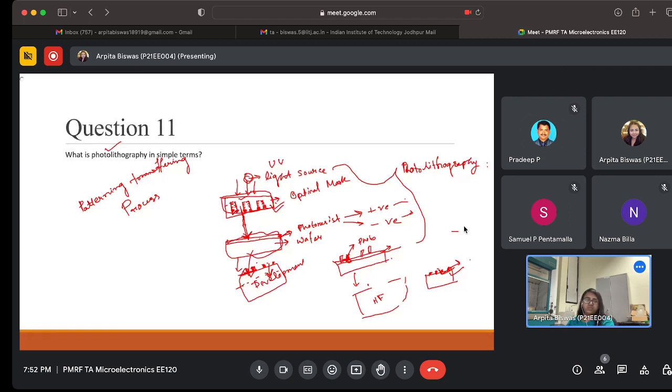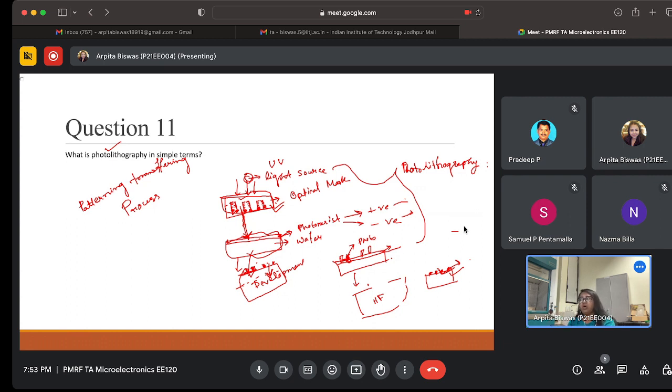So can we move towards the next question, or do you have any difficulties understanding the photolithography process? Because when you are going to fabricate some devices or the IC, this is a very important process. This is photolithography, and the whole thing, like etching, development, soft bake, hard bake, is included in it.